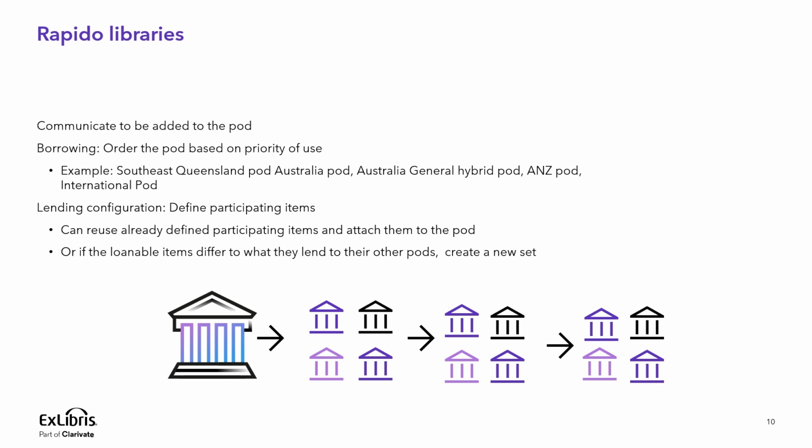For lending configuration, for the Rapido libraries for hybrid pod and pod participation is really just defining your participating items. So you can reuse already defined participating items and attach them to a pod, or if the loanable items for whatever reason would differ for a group of libraries than existing sets of participating items and existing partnerships that you have with libraries, you create a new set and attach it to this pod.